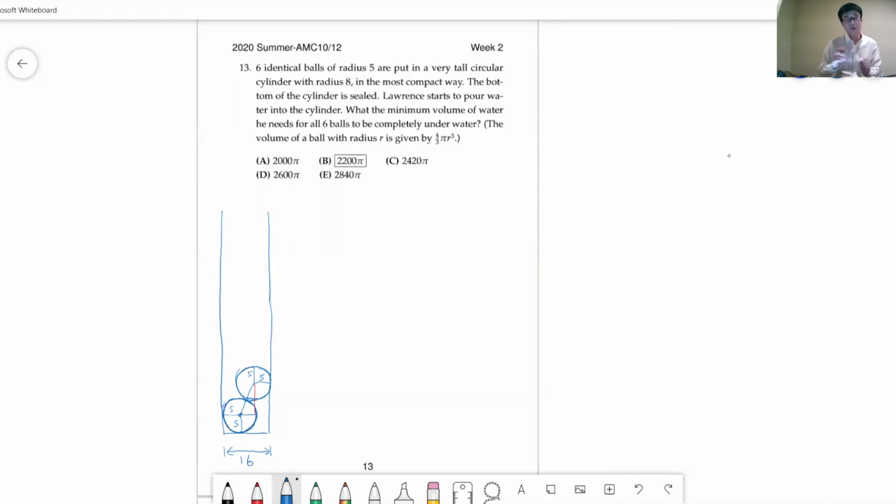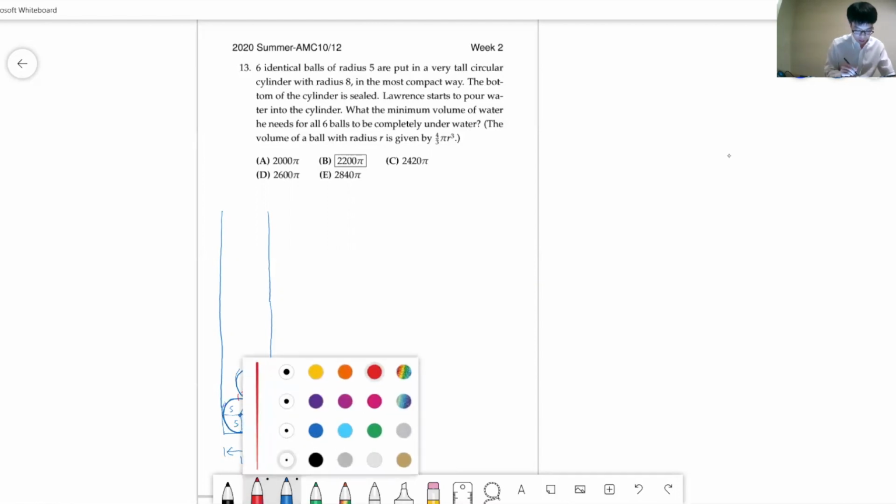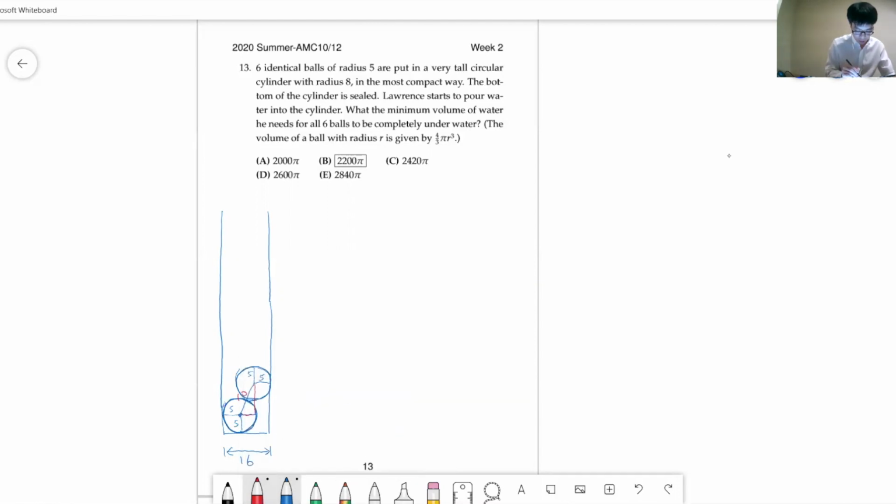So the distance between these two centers is 10. 5 plus 5 is 10. So this distance is 5. This is 10. And on the other hand, we see that this lower foot is 16 minus 10, because this is 5 and this is also 5.